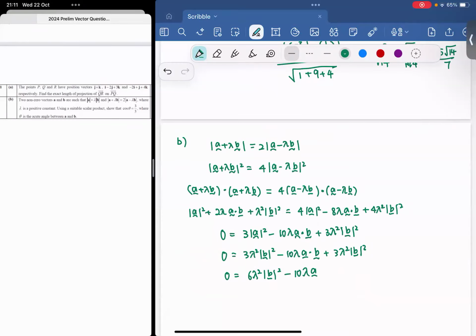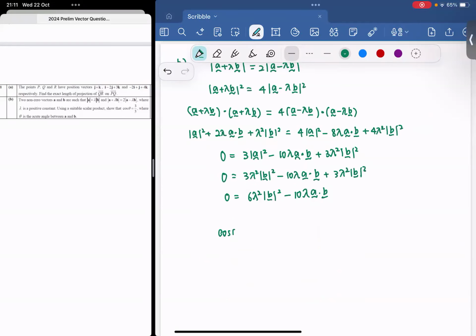Then how do I find our cosine theta? Since they asked for cosine theta, I will write down cosine theta equals A dot B over the length of A, the length of B. So what is A dot B? From here, we will know that A dot B is actually equal to 6 lambda squared B squared divided by 10 lambda, which gives us 3 lambda B squared over 5.